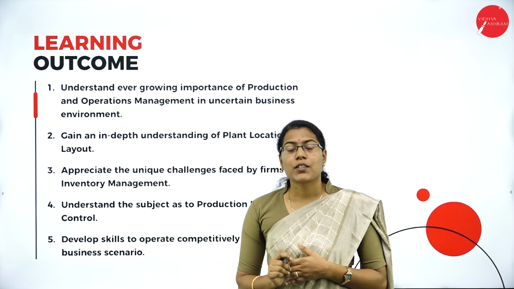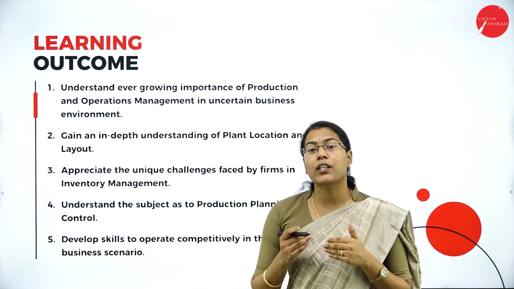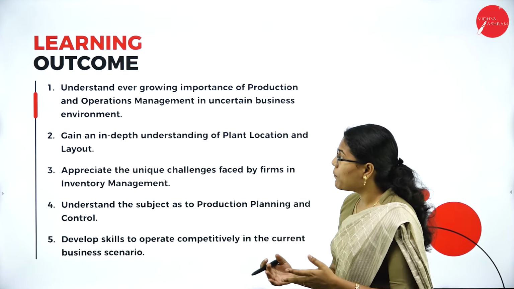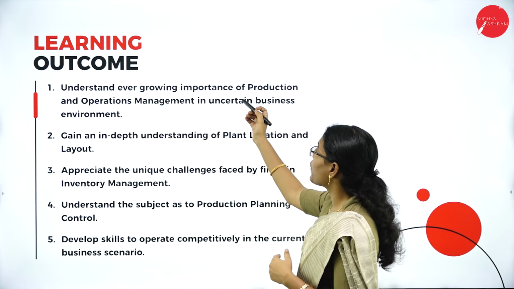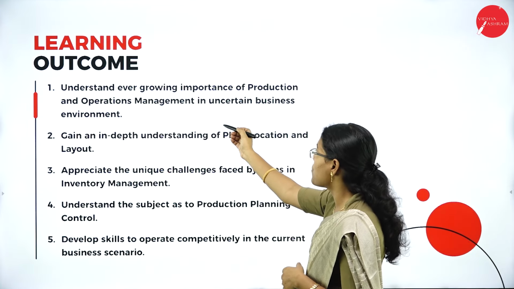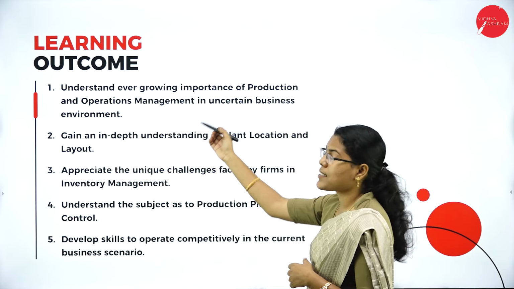Learning outcome. After the completion of the course Production and Operations Management, you will be able to understand the ever-growing importance of production and operations management in an uncertain business environment.